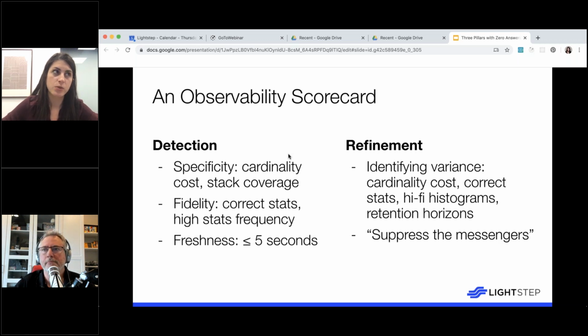So 5 seconds between the time that your application emits some data to when you actually see it on your screen. If you're paged in the middle of the night, you really need to have answers as soon as possible. Waiting a minute can cost a lot of money, especially if your website is down and you're not able to process payments.